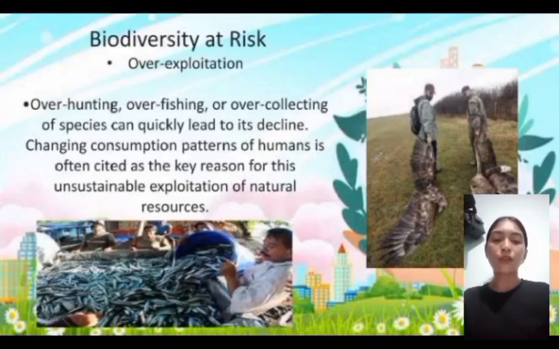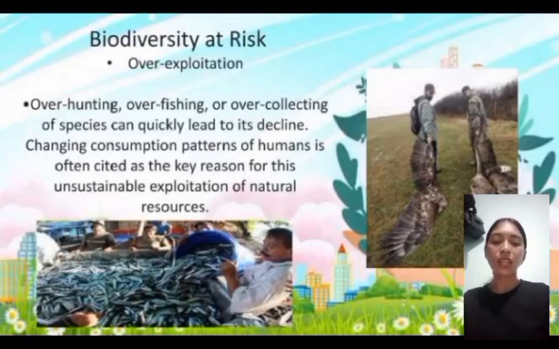This refers to overhunting, overfishing, or overcollecting of species when humans take more than nature can replace, so the species populations quickly decline. Changing consumption patterns increase demands for food, medicine, or resources, a major driver of this overuse.